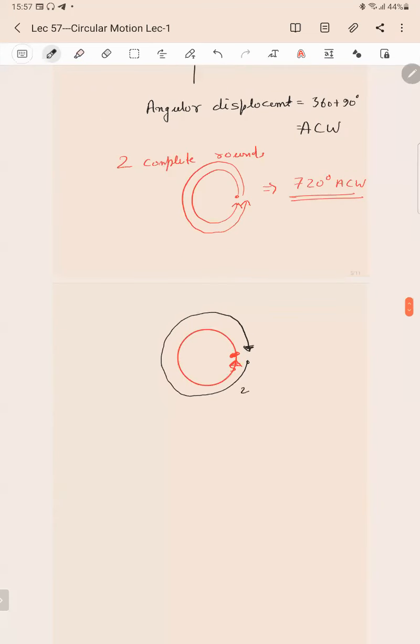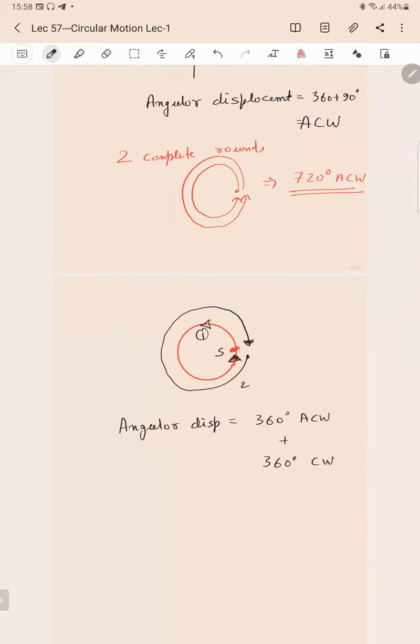Then your angular displacement will be 0. Understood? First you went like this in the first round, came up to here. And then you started back and moved like this. Now how will you find your angular displacement? You will take 360 degree anti-clockwise plus 360 degree clockwise, and this comes out to be 0.